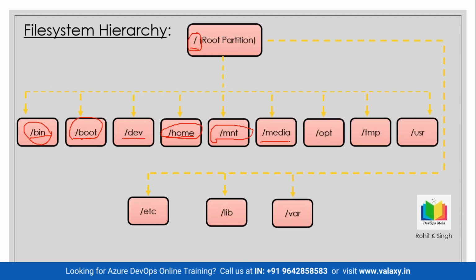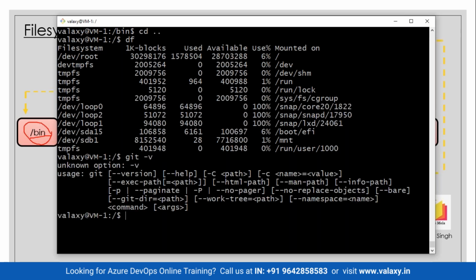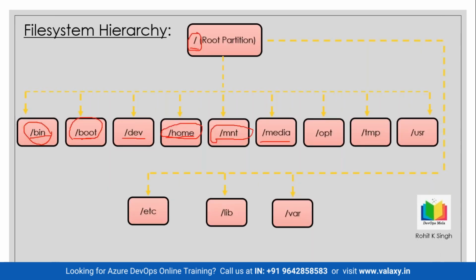I've not installed Git, but if I go and check the Git version, let's see git -v. So this is the command. See, it's giving you output, that means Git is installed. So nowadays it comes with the package only. Everything is installed. So if you have any external command which you want to store and run, you can put it in the OPT directory.